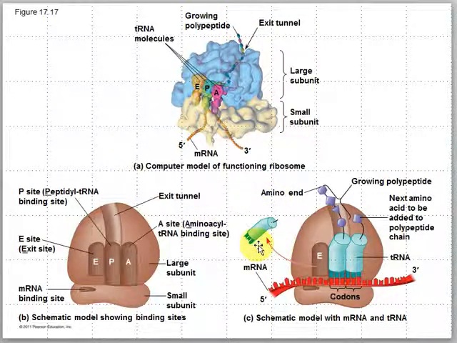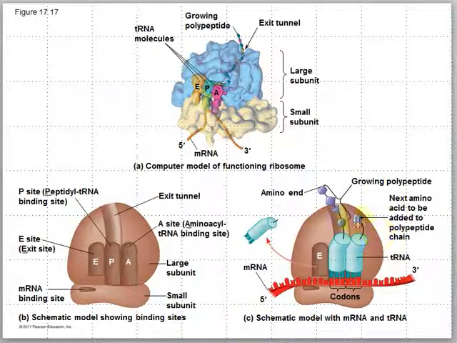Down here we have some more simplified versions. This shows the ribosome without any of the other material. So you have the messenger RNA binding site. This is where the RNA is going to be coming through, passing through the ribosome. You have these three sites inside the ribosome that we're going to talk about. This makes up the large subunit, the small subunit, and this is the exit tunnel where the growing polypeptide chain comes from.